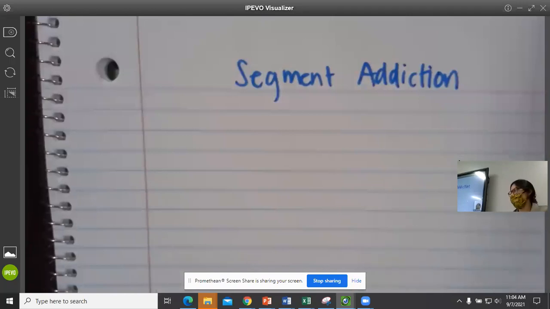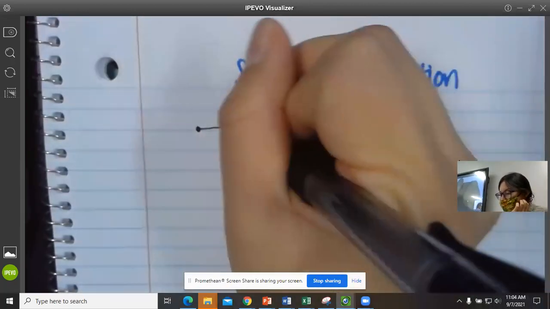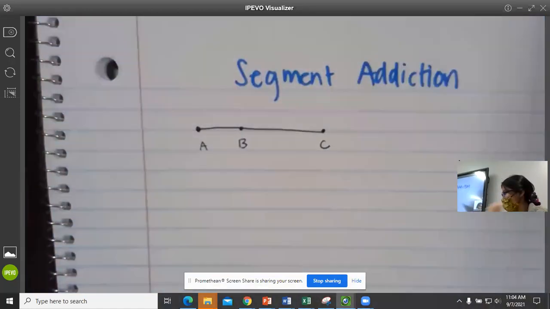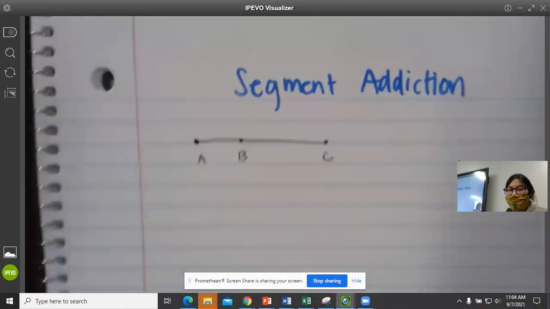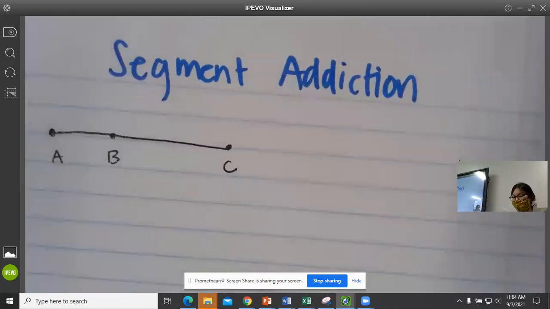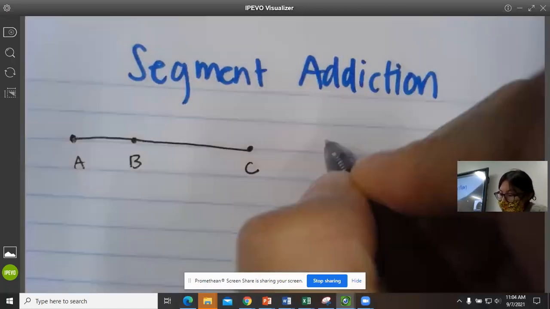So for segment addition, you'll have a segment. For your problems, they'll draw it for you. And then they will tell you some measurements.